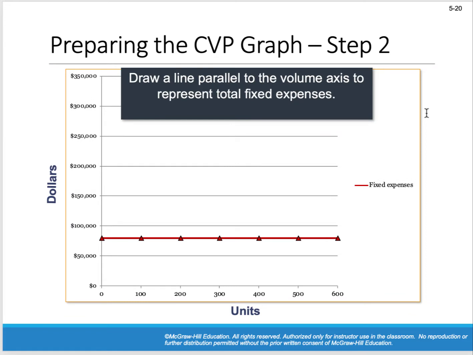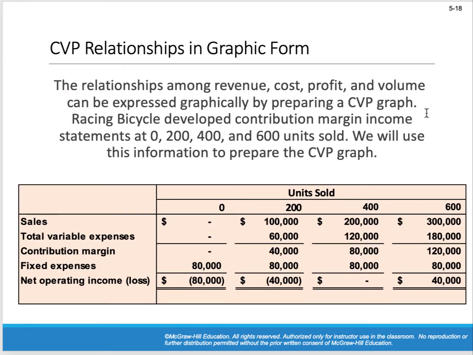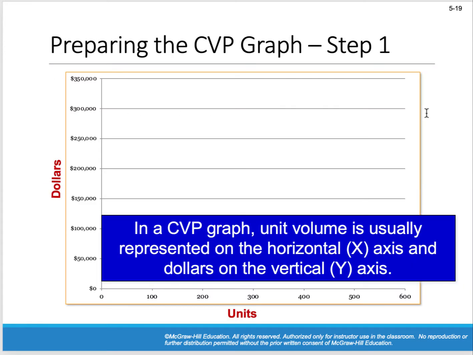We saw how to put together a CVP graph, right? We know there's 3 steps. Before we even start to implement these 3 steps, the vertical axis, or the y-axis, is going to be dollars, and the horizontal axis, or the x-axis, is going to be our units.